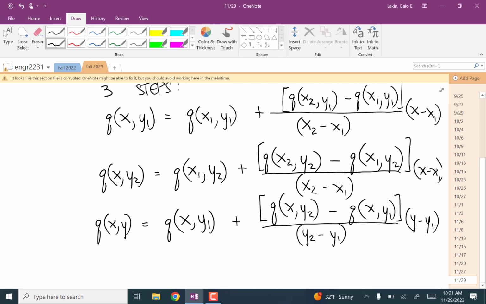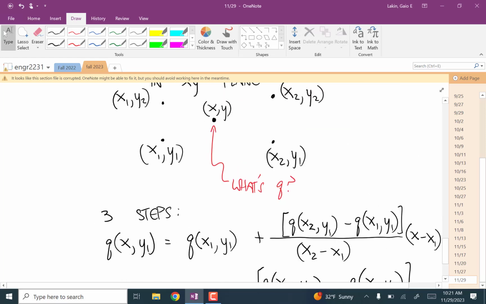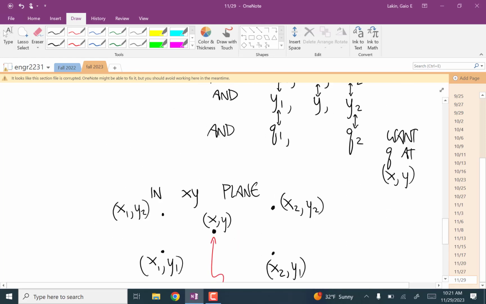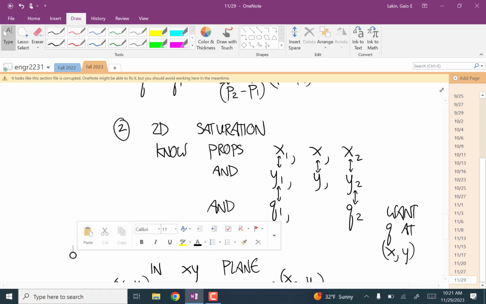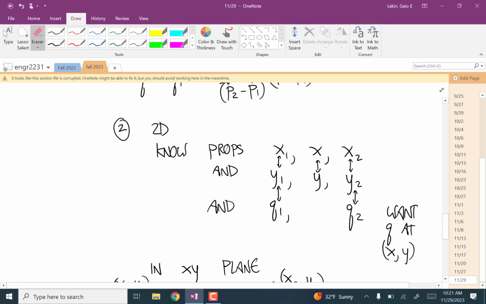I haven't made you do this on a test in a long time, and I'm not going to in either of the next two. And so this is 2D. This shouldn't say saturation, this should say interpolation.